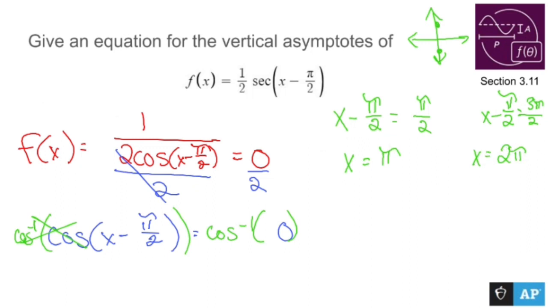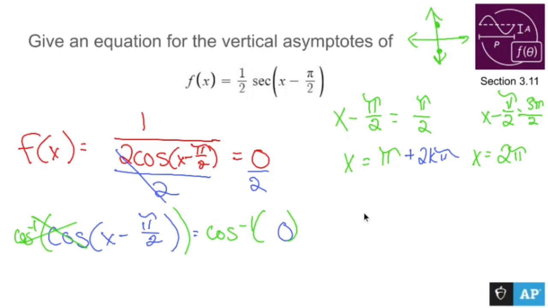Now, my vertical asymptotes are going to repeat. To make life easier, usually I would add plus 2k pi to both of these. But wait a minute, I don't need to do that, because if I have pi and 2 pi, that would imply 3 pi and then 4 pi and so on.